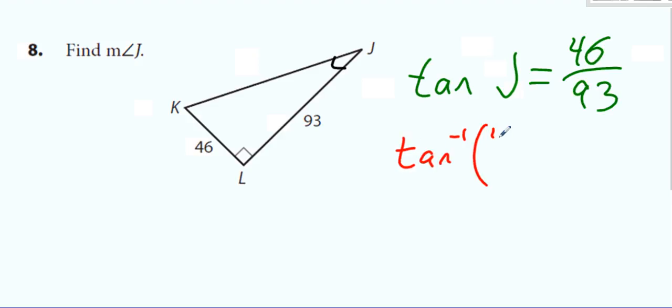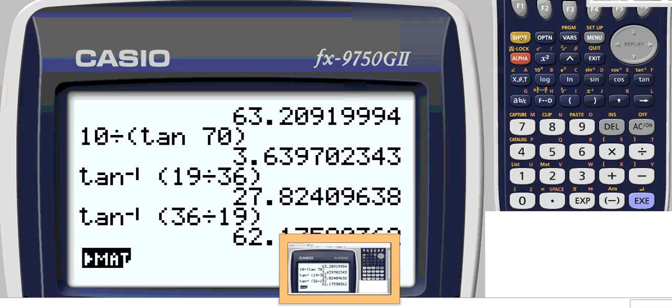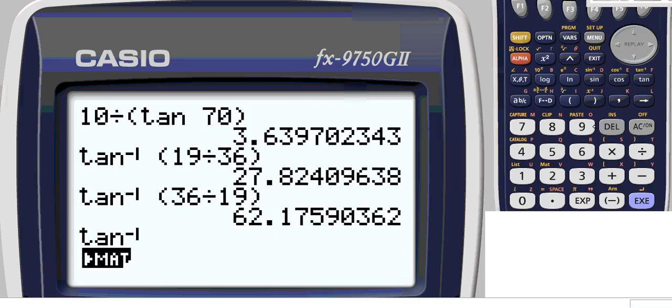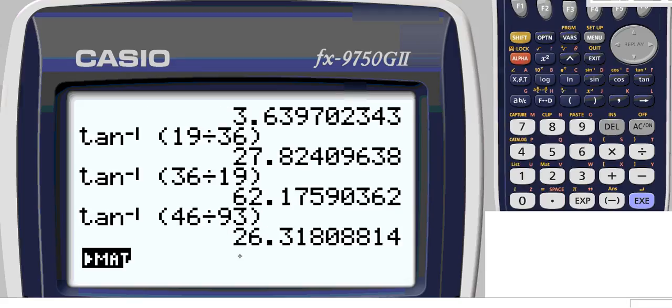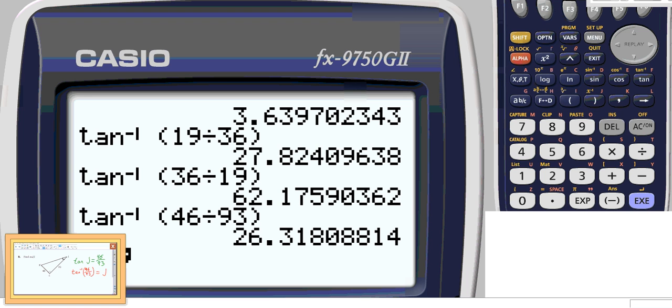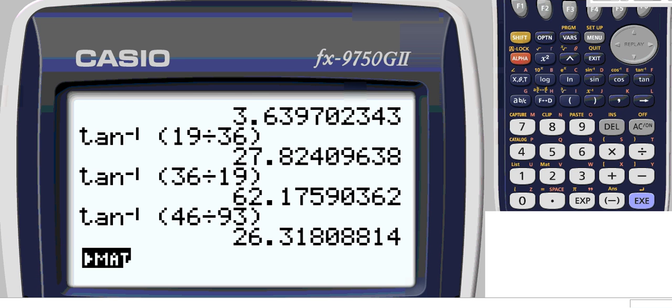So the fraction goes here now, 46 over 93 equals J. Inverse tangent of 46 over 93 gives 26.318.